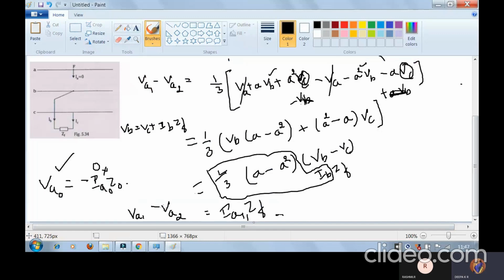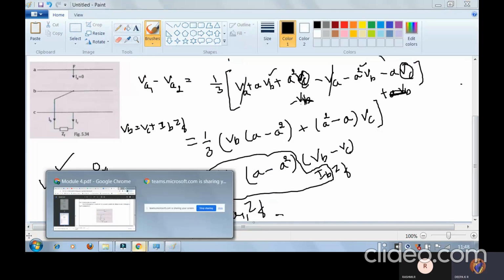But if you want to make it in one parameter, like one phase, VA1 is equal to VA2 plus IA1 into ZF. So we got an equation, right? VA1 is equal to IA1 ZF plus VA2. So these are two combinations, they are connected in series, and another one is connected in separated parameter. So considering that, we will write the sequence diagram.